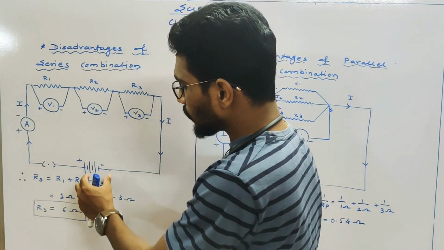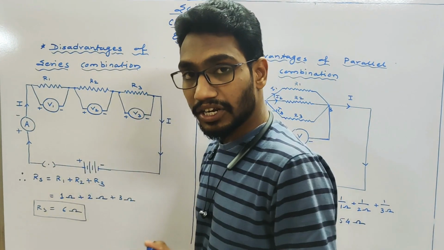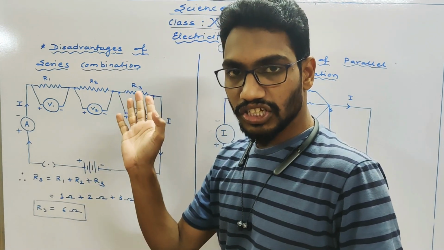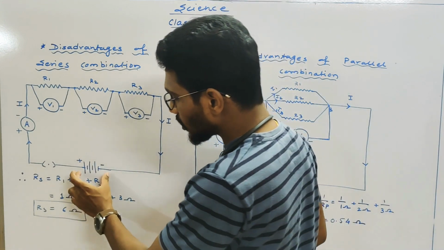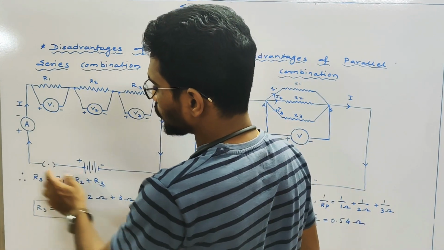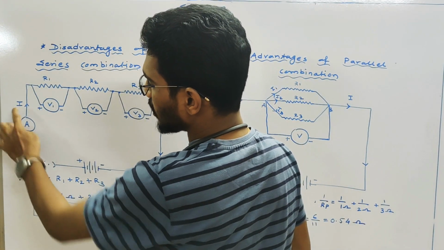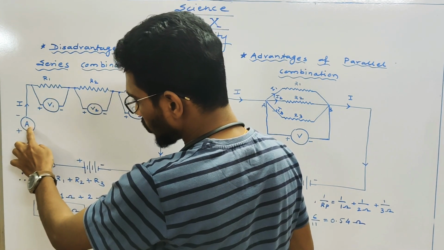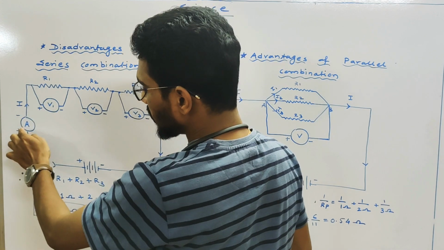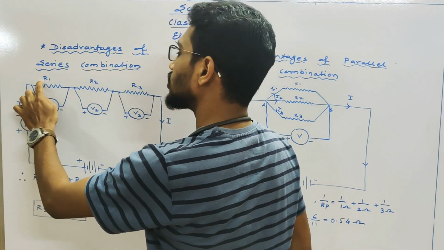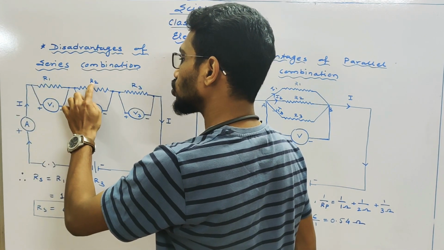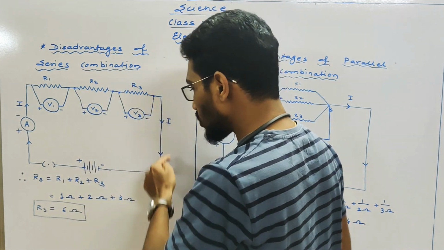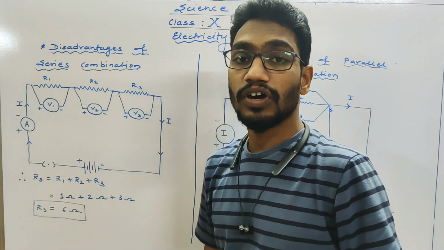Whatever the voltage is provided by the battery, that pushes the electrons to move towards the resistances through the wire. Whatever the current is provided by that battery, suppose that current is I, so current I will flow through the ammeter that shows the reading I, then move towards R1, the same current I goes through R2, then through R3 and again returns to the negative terminal of the battery.